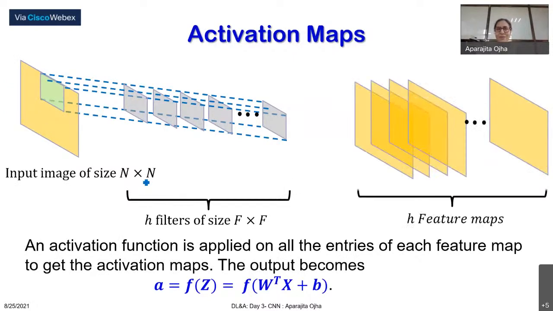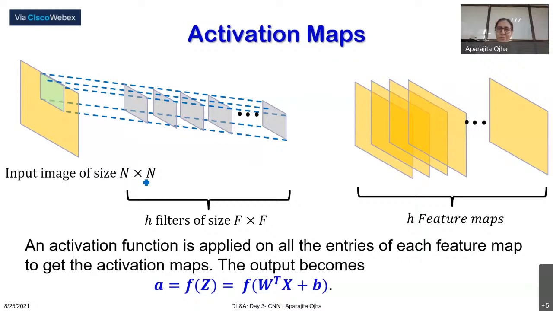What is an activation map? Sometimes people do use the words feature maps and activation maps interchangeably. But for us, we will call an activation map the map which is obtained by applying an activation function on each feature map.